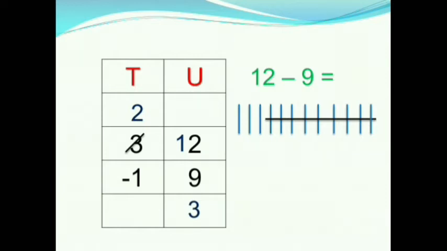The digits in the tens place are 2 and 1. I have drawn 2 lines and cut 1 line. Only 1 line is remaining. 2 minus 1 equals 1. Write 1 in tens place. Therefore 32 minus 19 is equal to 13.